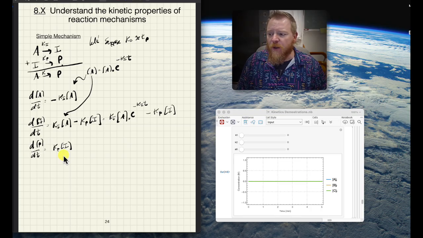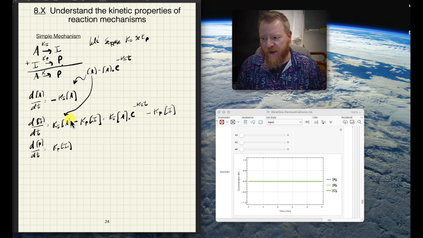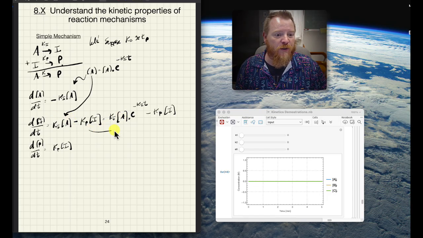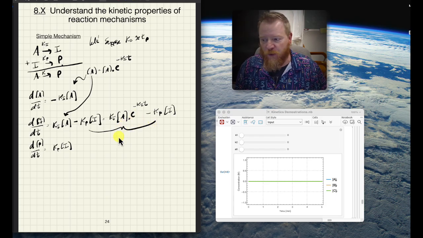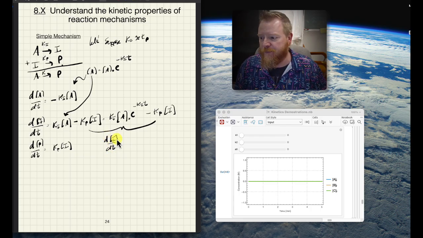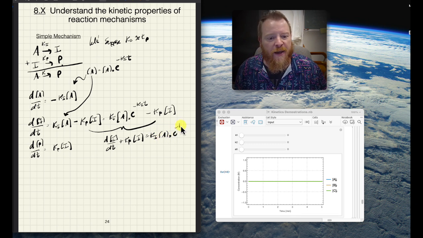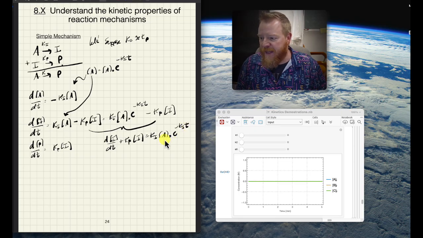Okay. So now, rearranging this expression for the intermediate, we would see that it takes on the form of a differential equation. So I'm going to note that if we were to do some algebraic rearrangements here, we come up with the following. dI by dt plus Kp times I equals Ki times A naught e to the negative Ki t.